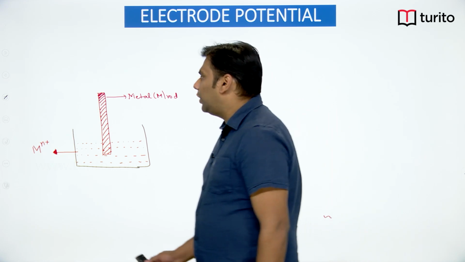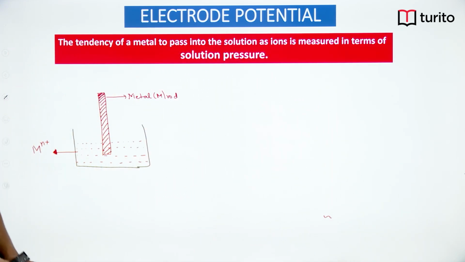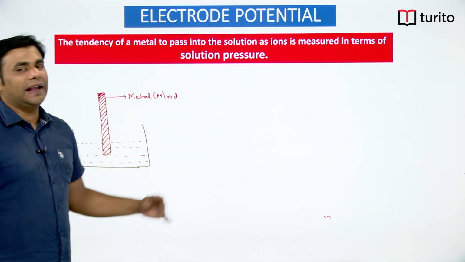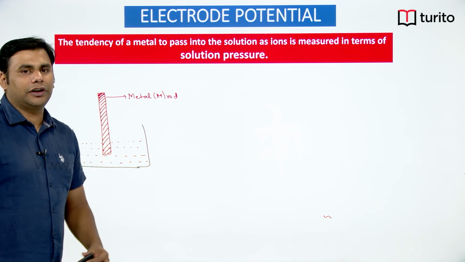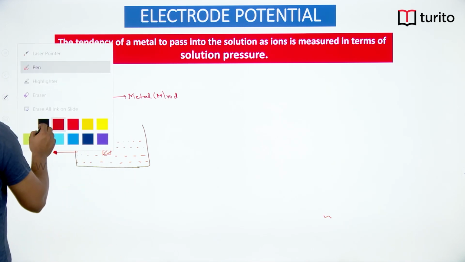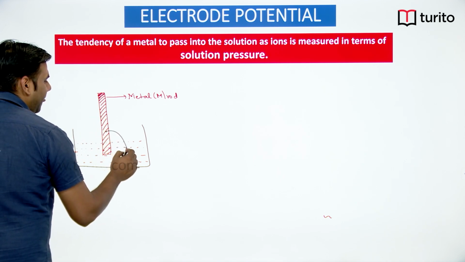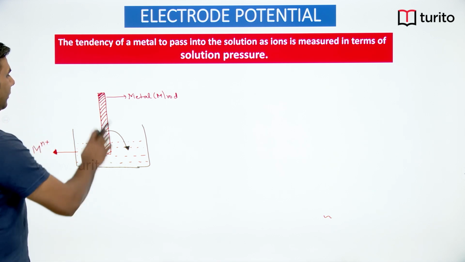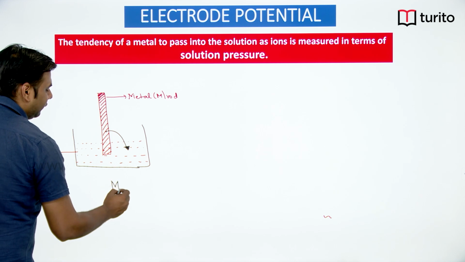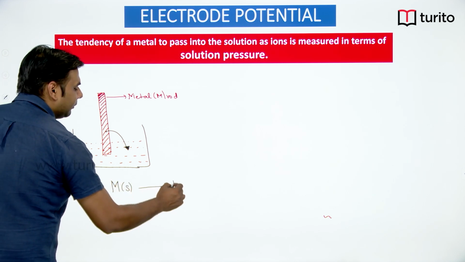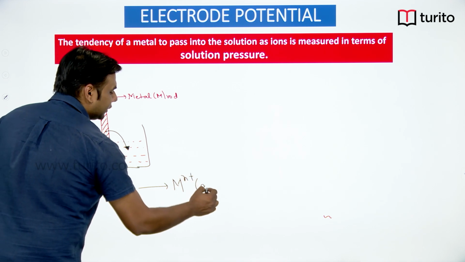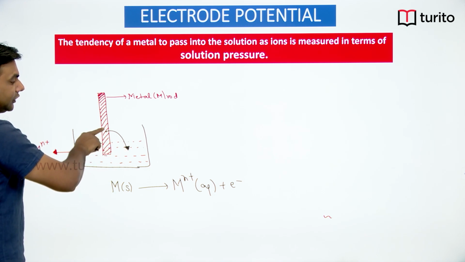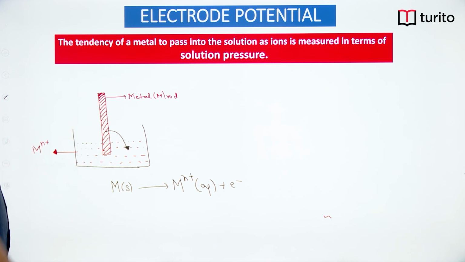The first point you should understand is that the tendency of a metal to pass into the solution as ion is measured by the solution pressure. The metal can get oxidized and converted into metal ion, and this metal ion goes into the solution while the electron remains at the rod.